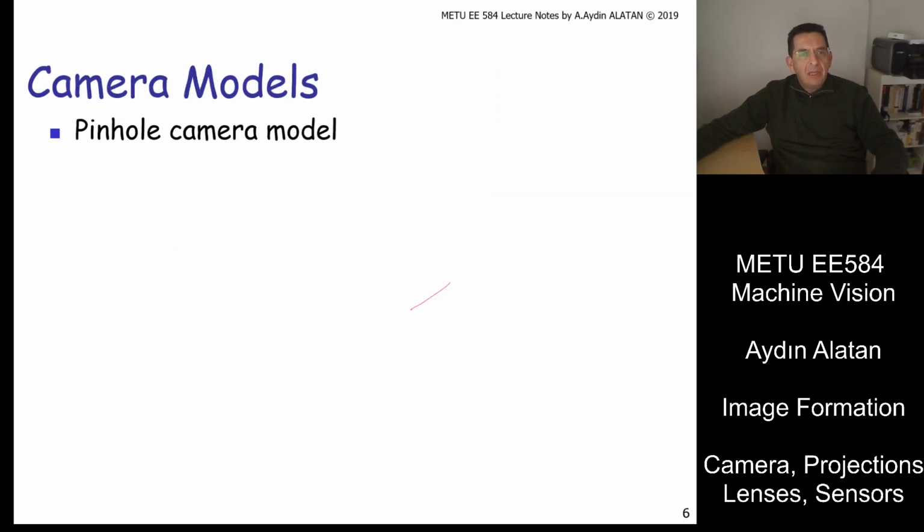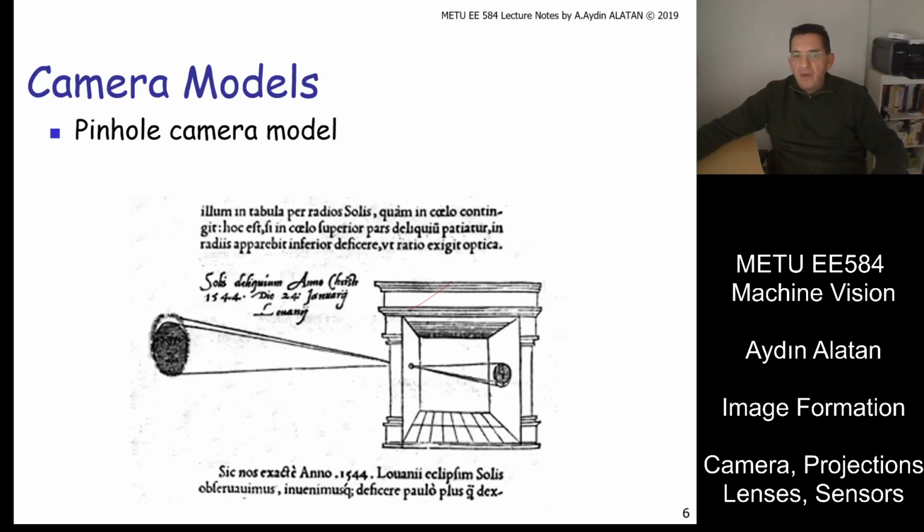Now, about the pinhole camera model, let's first of all look at what it is. It's a very old concept. People have been doing these things for a long time. If you have a chamber, a room, with only a single point here, and if you have a relatively bright, reflective, white surface here, people have known for a long, long time that on this wall, you will see the reverse replica of the scene that you observe outside.